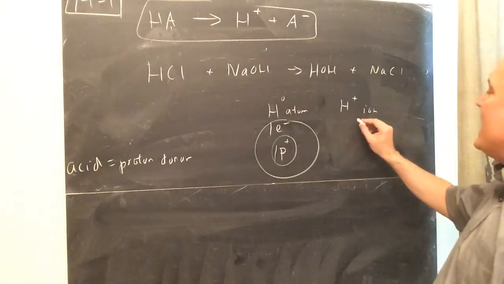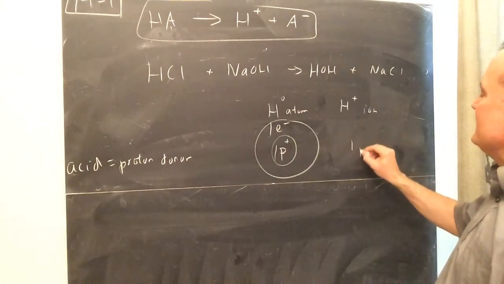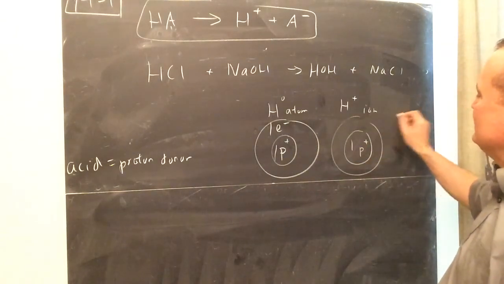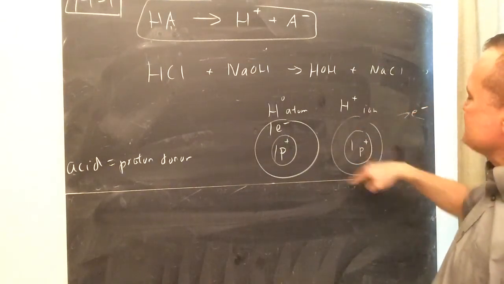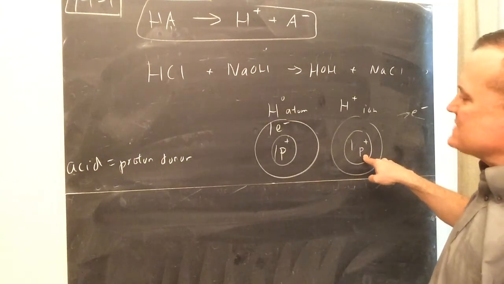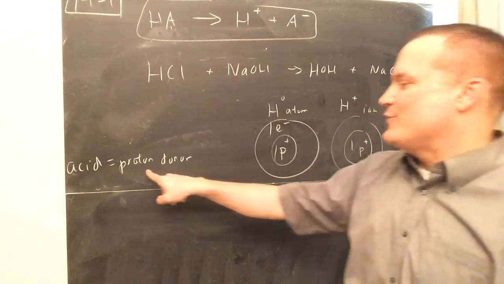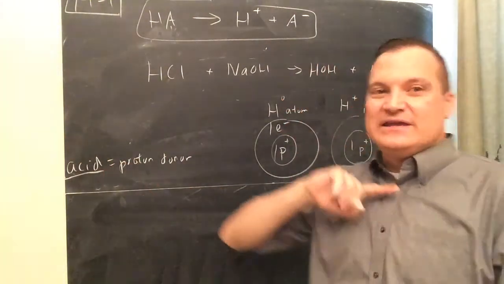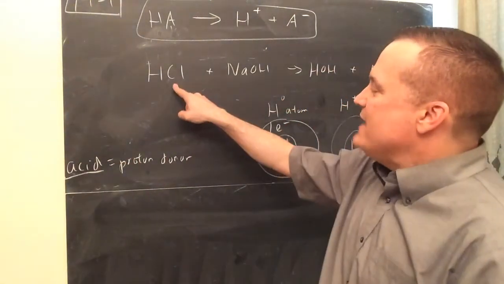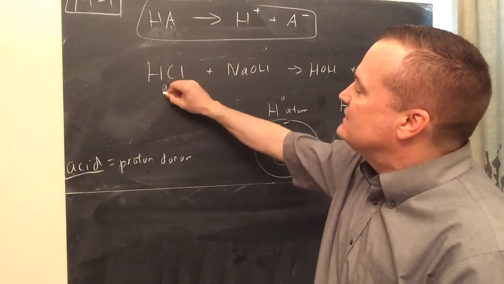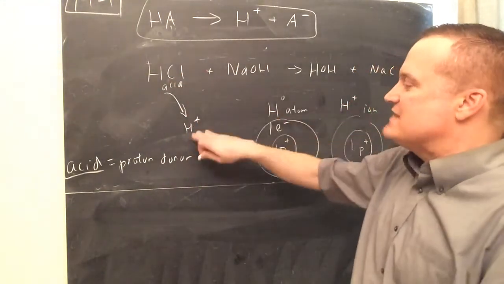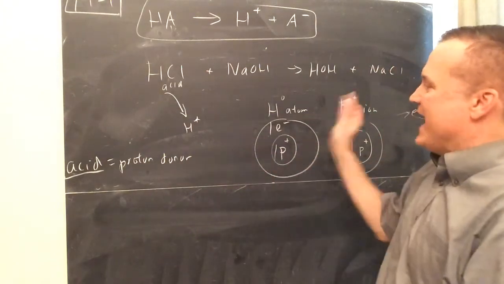Well, an H plus ion has lost the electron. Goodbye, electron's gone. So you only have a proton. That's why they call H plus a proton. So an acid is a chemical that gives a proton away. HCl is an acid because it gives H plus. It donates H plus to the reaction.